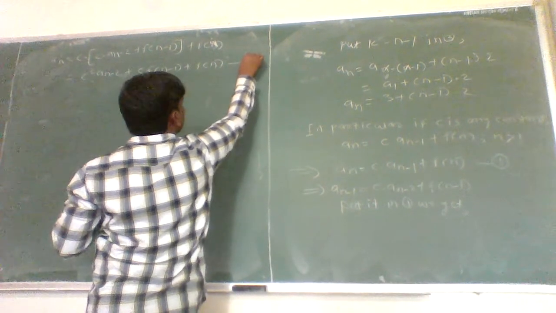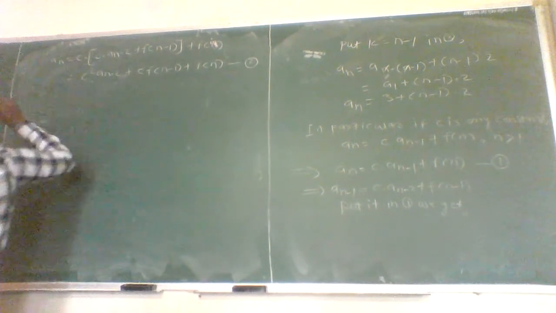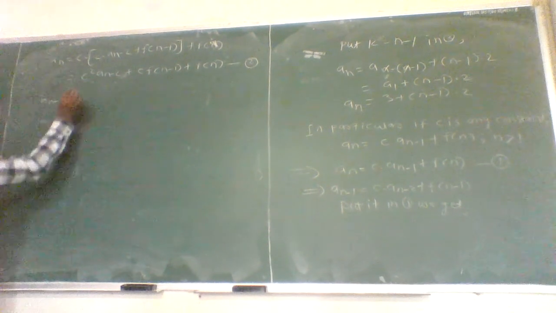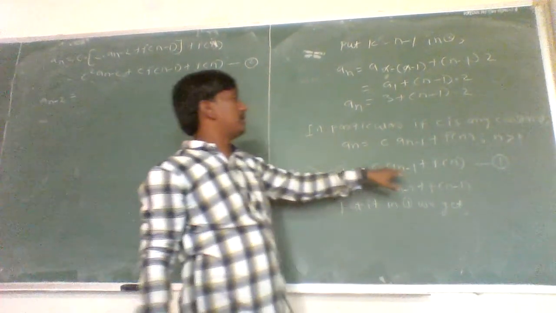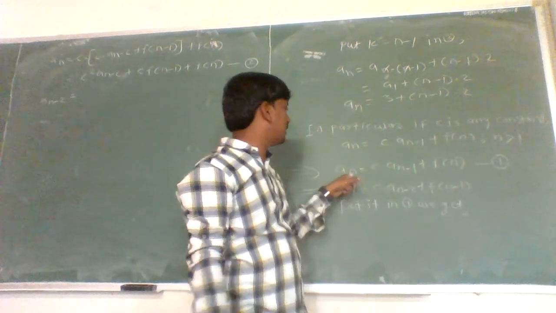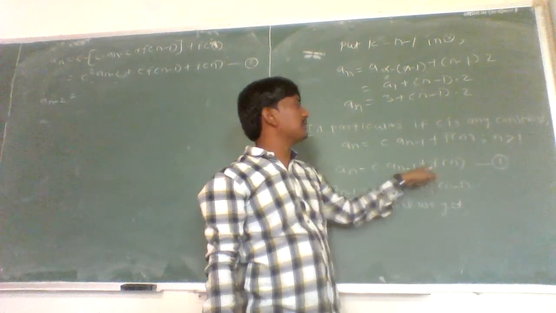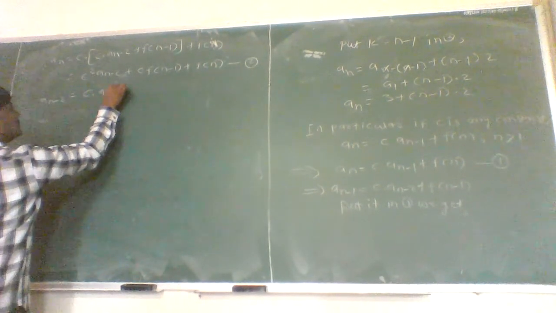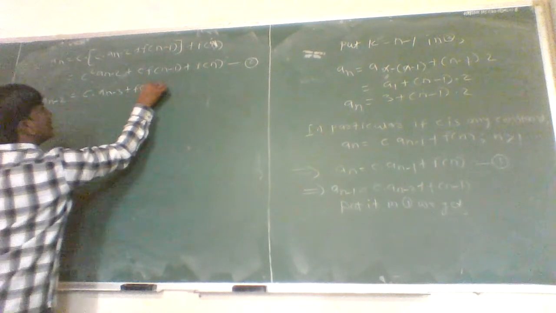Let us take this as equation 2. Now a_{n-2}, according to the same relation, is c a_{n-3} + f(n-2).